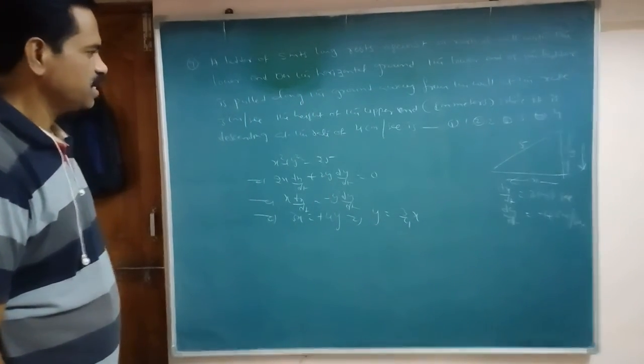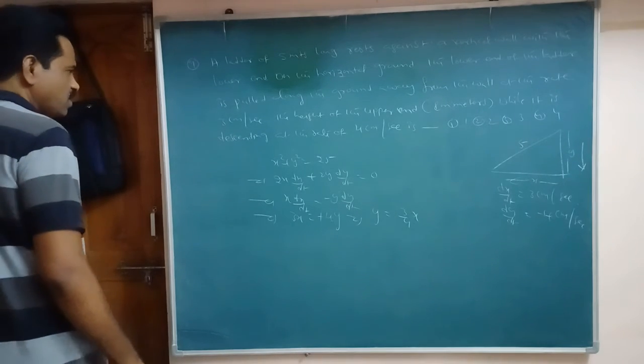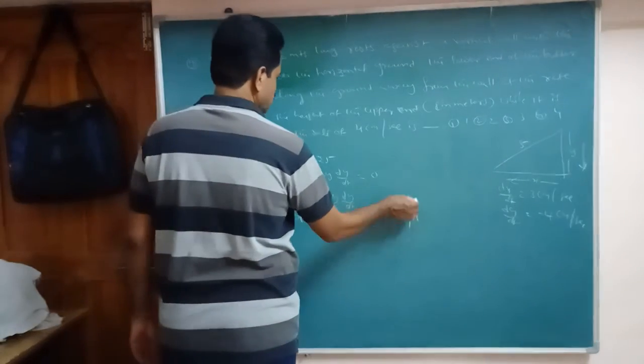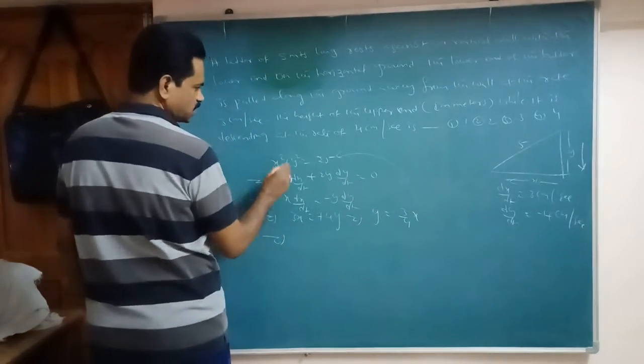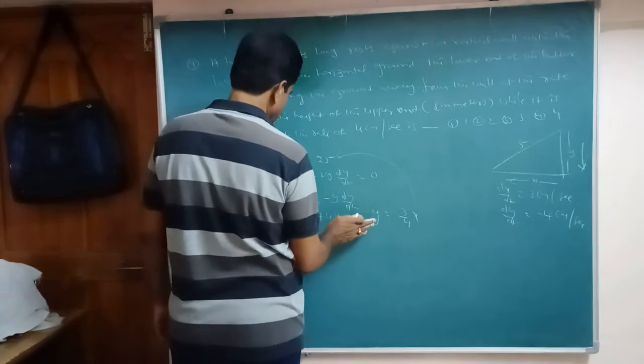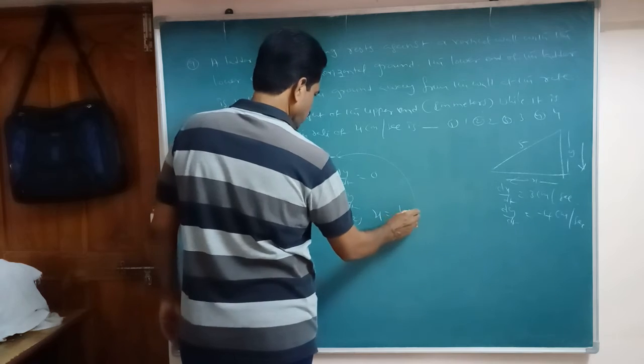So y equal to 3 by 4x. Substitute in which equation? First equation. So y we have found out. In terms of y, convert here. So x equal to 4y by 3.